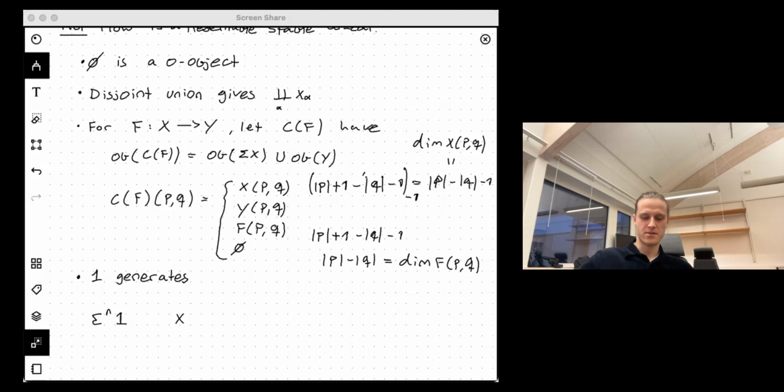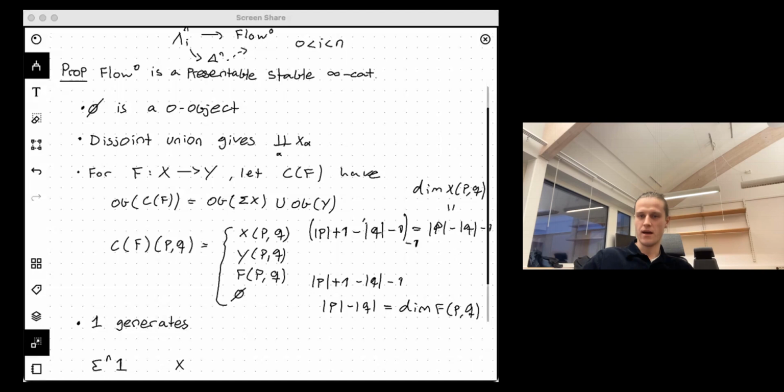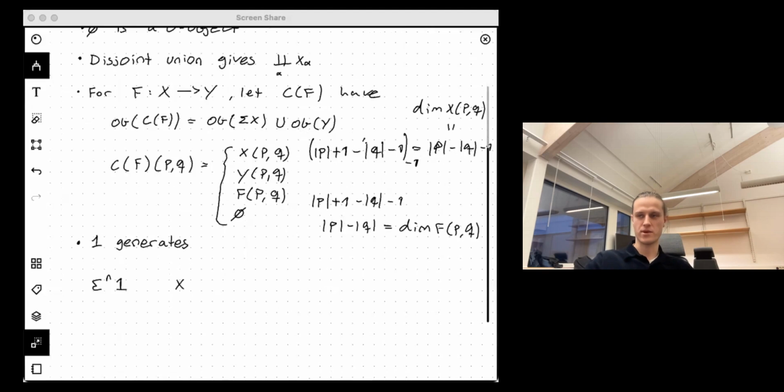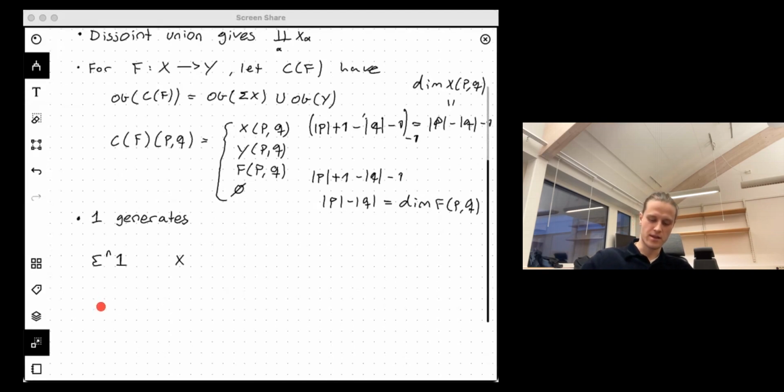So this is actually even nicer than being just a presentable category. We're generated by one object. That's precisely the condition in which the Schwede-Shipley theorem holds, which tells you that when you're generated by one object, then if you can calculate the endomorphisms of that object, you can actually identify your whole category.